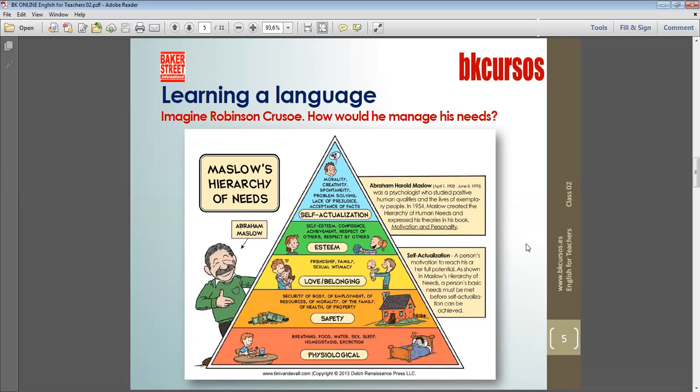Physical for sure. I guess he can hunt and find fruit and sleep and whatever. And safety, he can build a house with sticks or something like that.